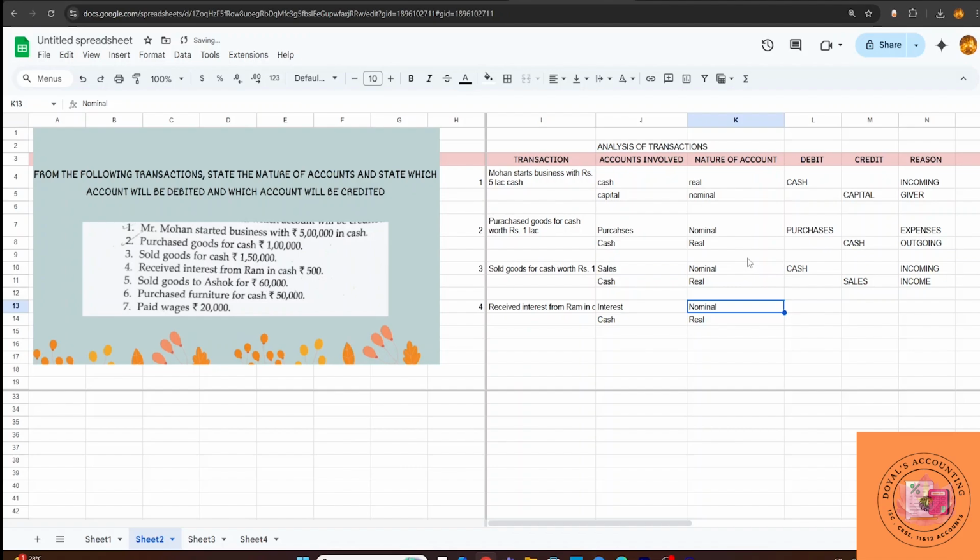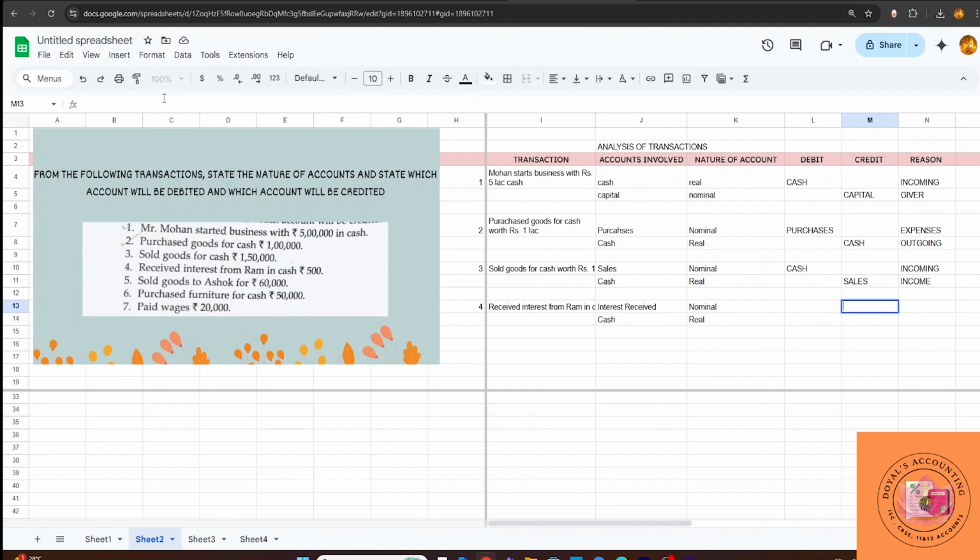Interest by nature is an expense, but here we are receiving interest. Interest received, so it is an income for the company. What is the nominal account rule? Debit all expenses and credit all incomes.